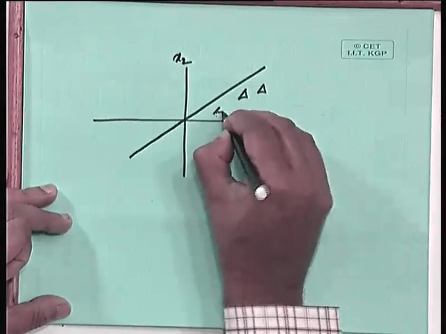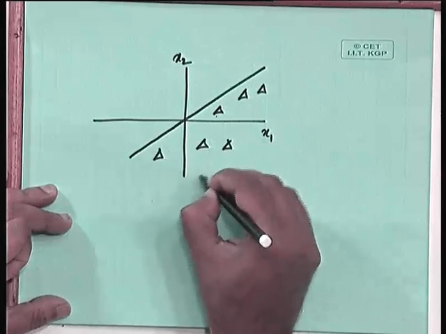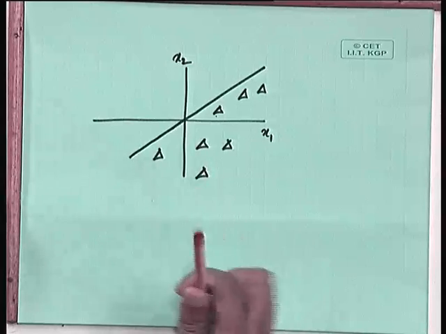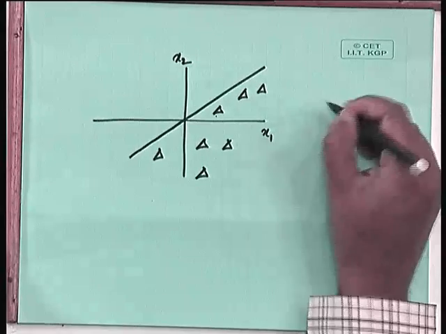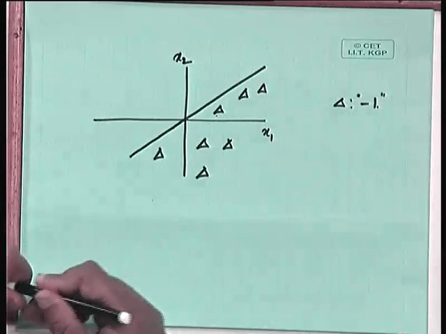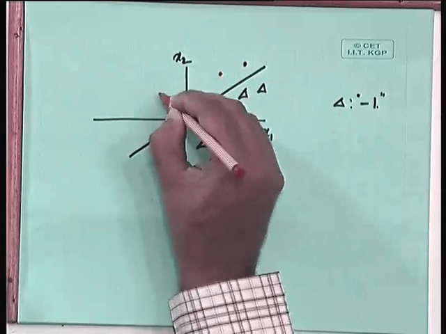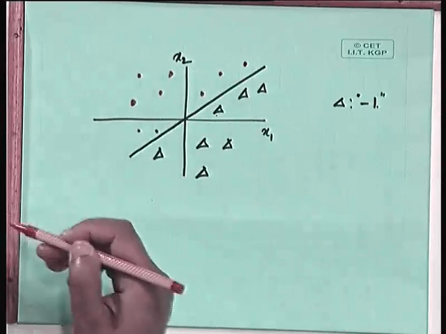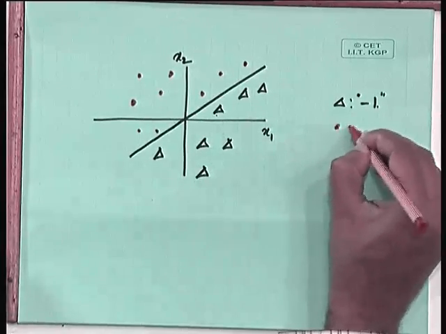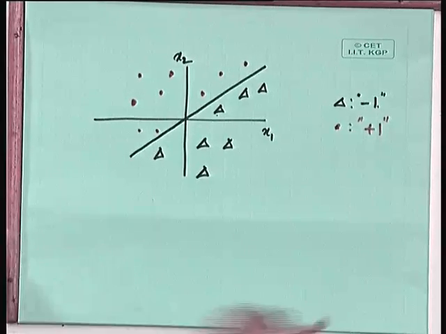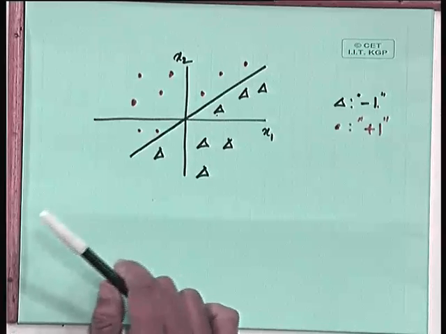On one side of it we will have all the patterns categorized by deltas, which indicate the patterns that give an output equal to -1, and another set of patterns, the filled circles that I am drawing, which will produce an output equal to +1. So this is the form of the equation.